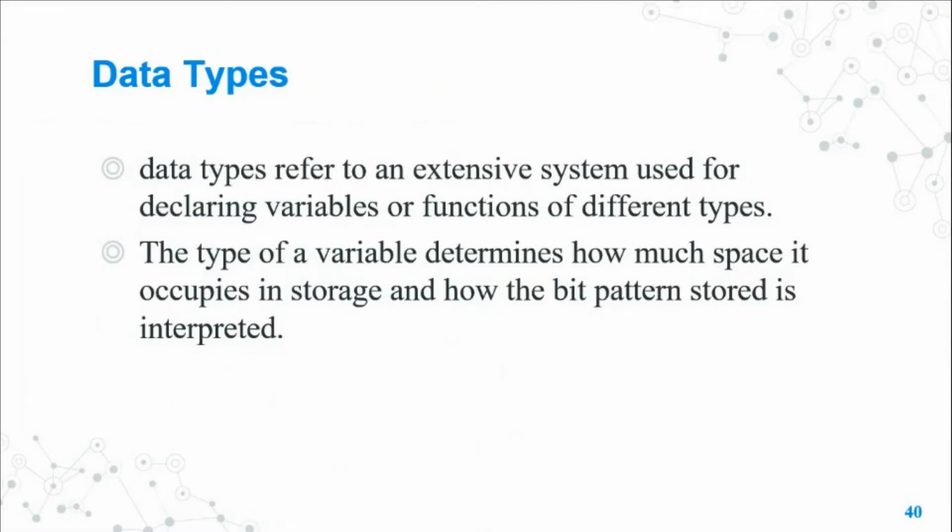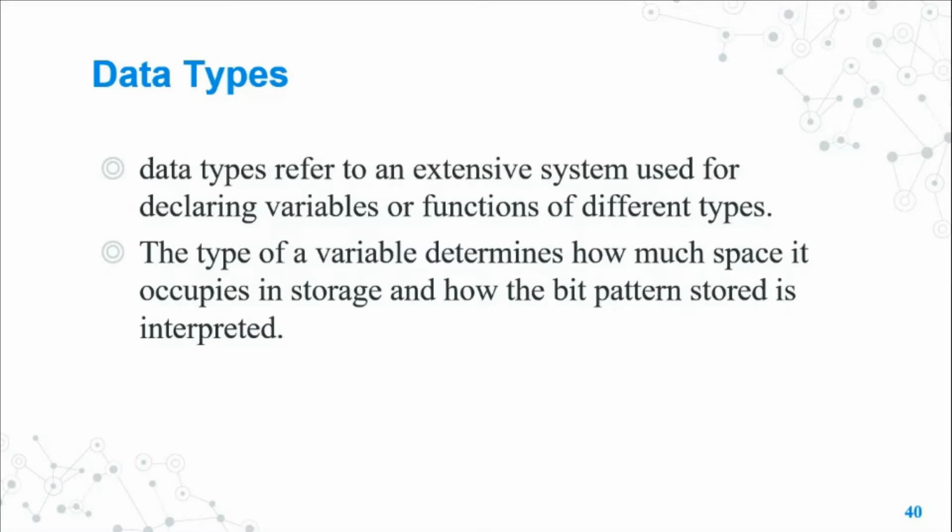Data type refers to an extensive system used for declaring variables or functions of different types. So data types are actually a system used for declaring different types of variables, as in int integer 1. We are declaring the variable integer 1 as type int, or type integer. So that is the case with declaring variables and declaring functions.